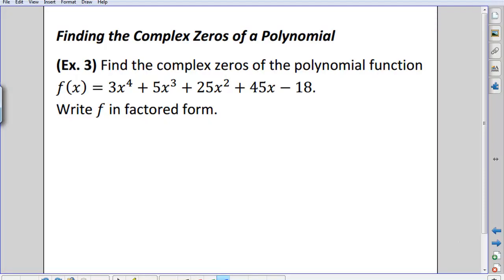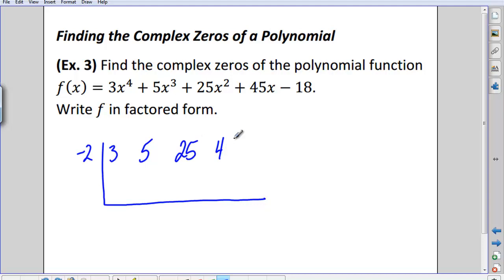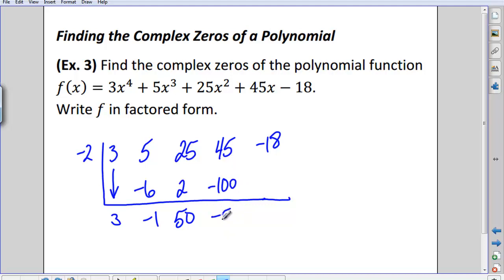So let's hit that synthetic division. Starting with -2, it's 3x to the 4th, 5x cubed, 25x squared, 45x, and -18. So bring down the 3, multiply, you get -6, add, that's -1, multiply, that's +2, which is 50. -2 and 50 is -100. Something's not right. Well, that didn't come out well at all, did it?